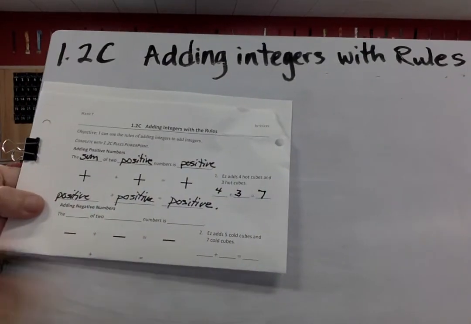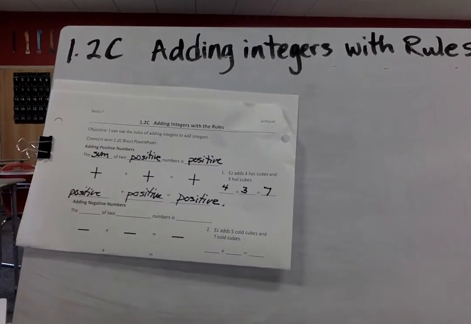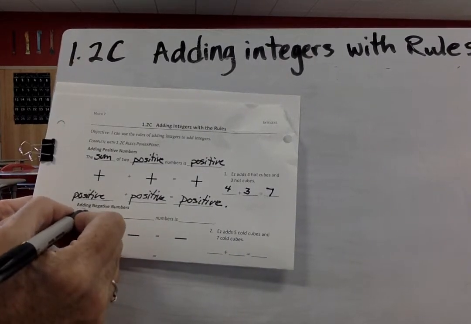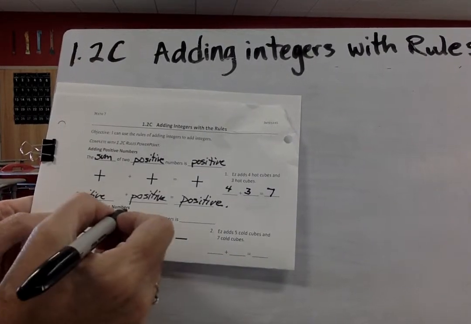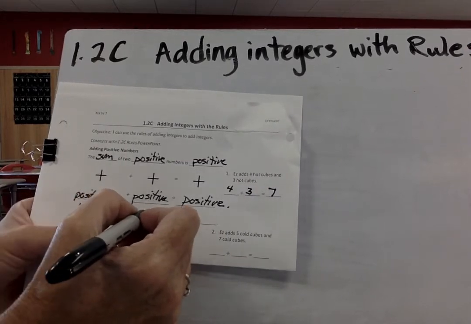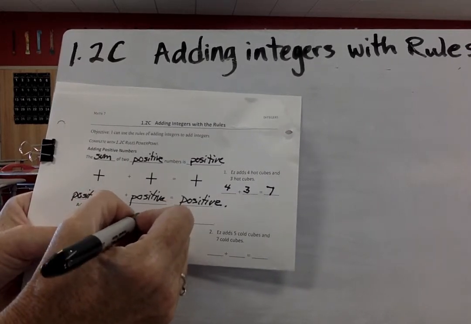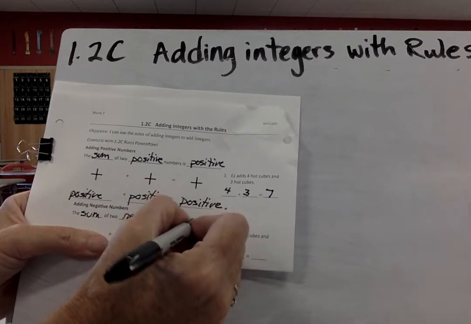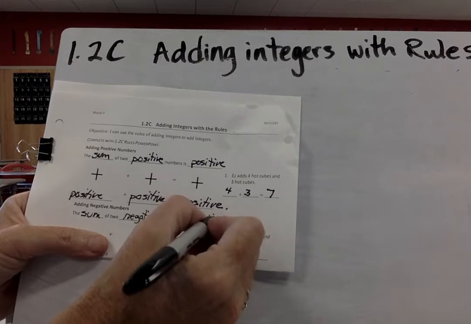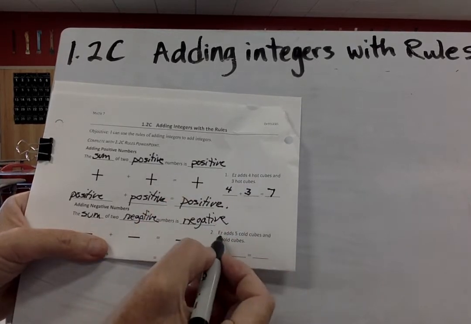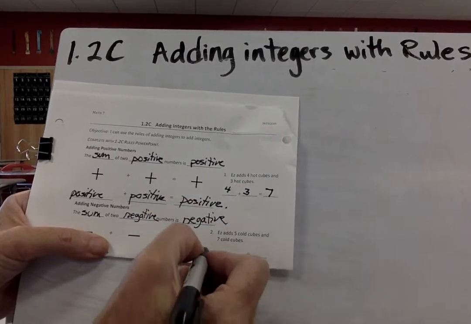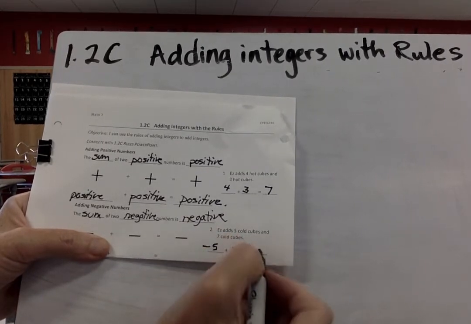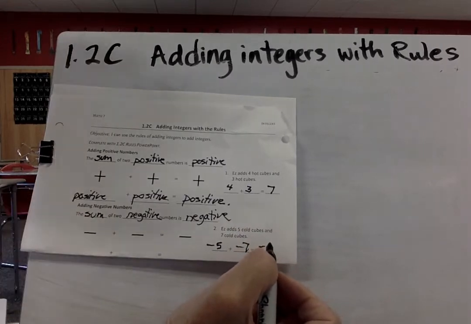Okay, so now we're going to add two negative numbers. The sum, or if we're adding two negative numbers, is always negative. So Ez adds 5 cold cubes and 7 cold cubes. Your answer is always negative.